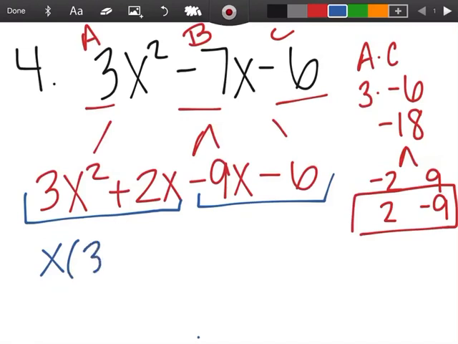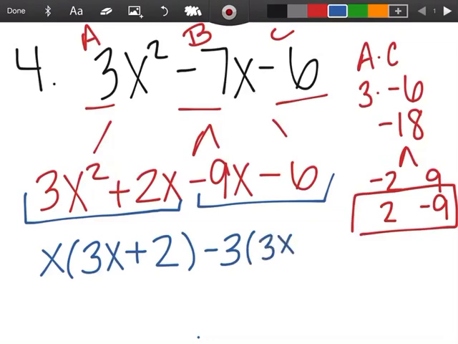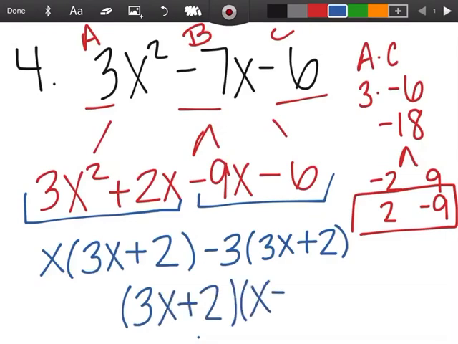And when I factor out an x, I'm left with 3x plus 2. And then -9x and -6, when I think about what they have in common, keeping in mind that I want the parentheses to match, I'm going to factor out a -3 because then I'm left with a positive 3x plus 2. So then 3x plus 2 and x minus 3.